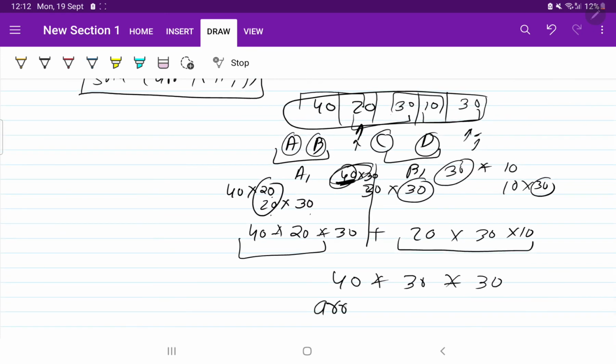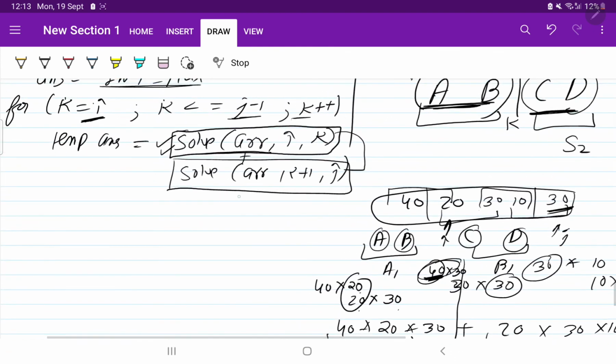So it is array of I minus 1 multiply by, what is this 30? 30 is going to be array of K, where we have done the partition, because we have done the partition like this na, that AB is going to do the partition with the CD, right? So it is array of K, and what is this last 30? It is the J. It is going to be multiplied with array of J.